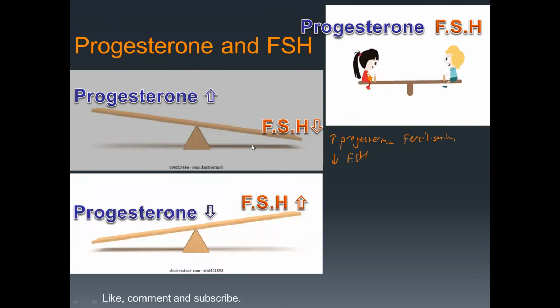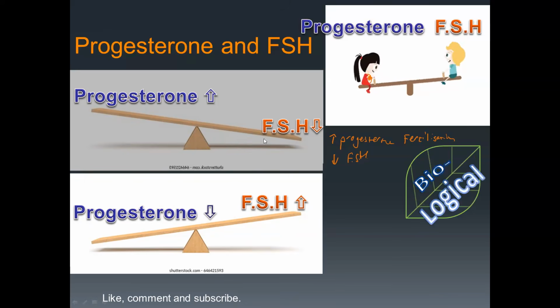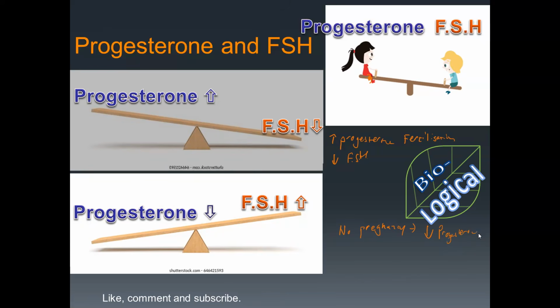However, if she's not pregnant, then we have progesterone going down. And so if we said that there was no pregnancy, no gestation that has occurred, no fertilization, then we have a decrease in progesterone. And if progesterone goes down, that will allow an increase in FSH.